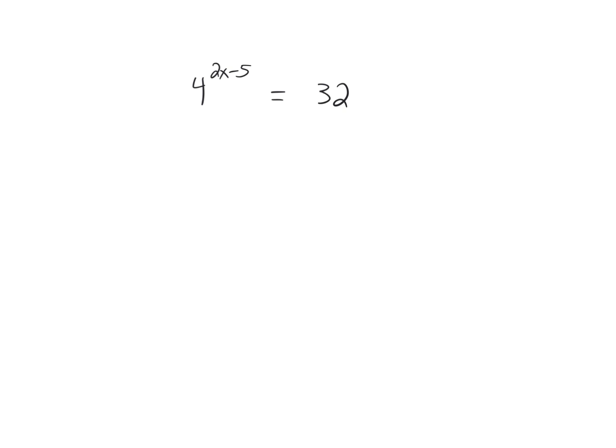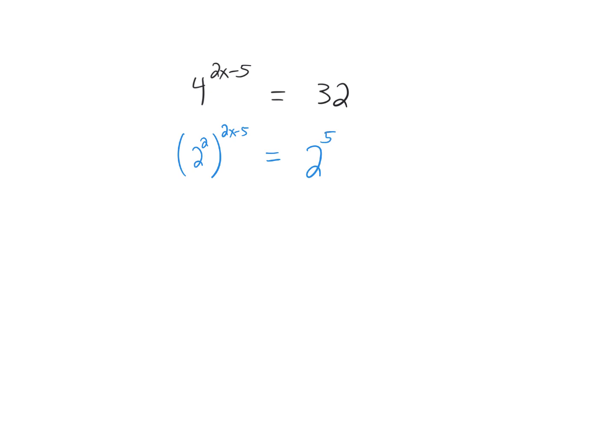Okay, here's our next problem. If I look at 4 and 32, both of those numbers can be written as a power of 2. So I've got 4 to the 2x minus 5. And if I look at the number 4, that's really a 2 squared. Over on this side, 32 is just 2 to the 5th power.